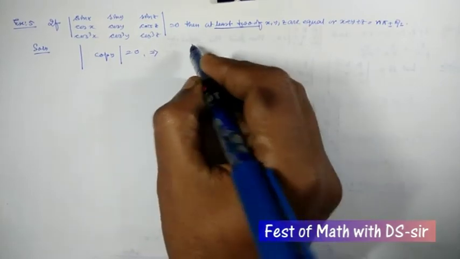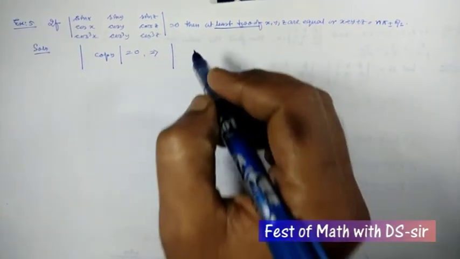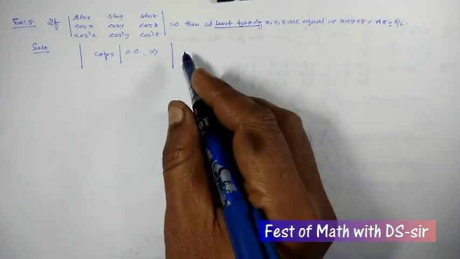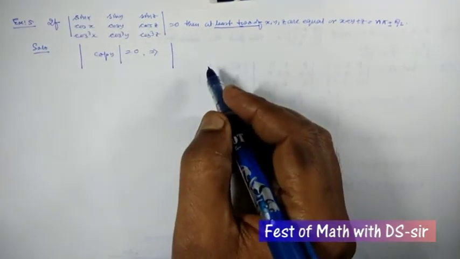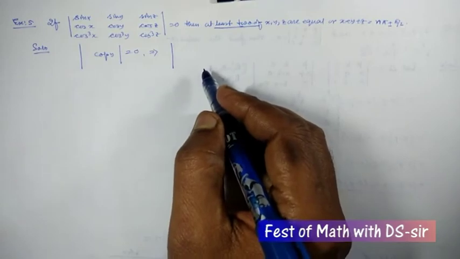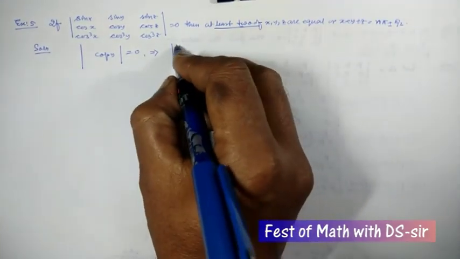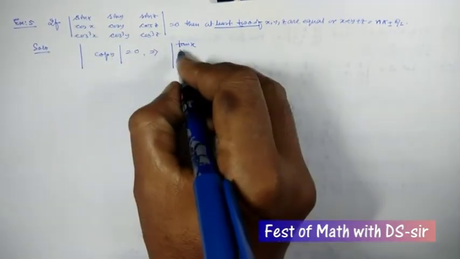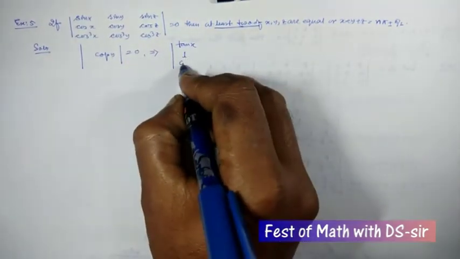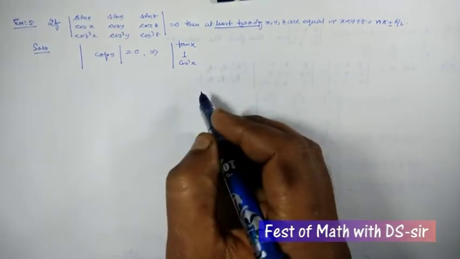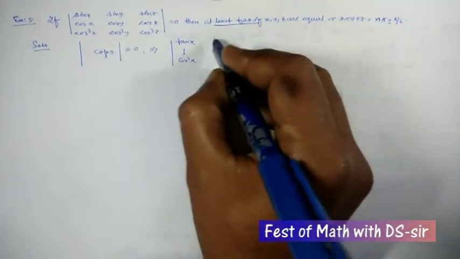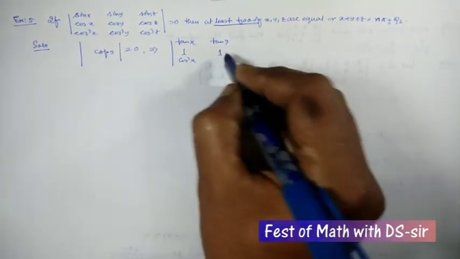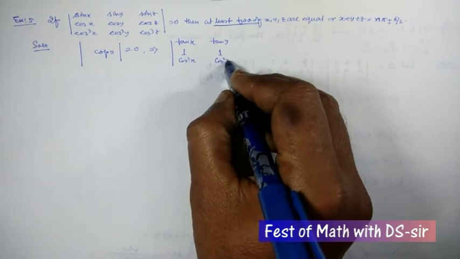That implies, now I divide first column by cos x. That gives me tan x, that is sin x by cos x, 1, cos square x. Second by cos y, so it is tan y, 1, cos square y.